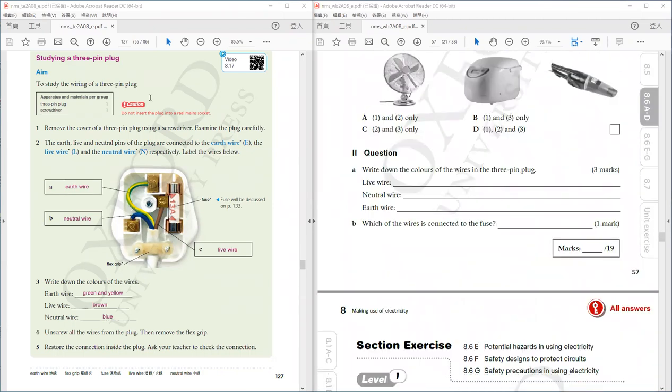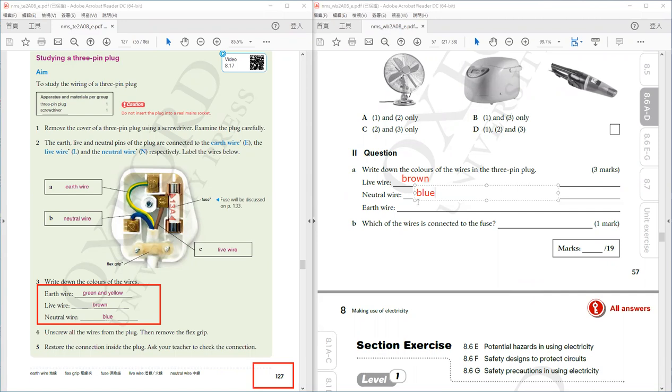Next one. So also refer to textbook page 127. When you learn in class, you should have jotted down the notes here. So for live wire, it is brown in color. Neutral wire, just now I used the color blue.